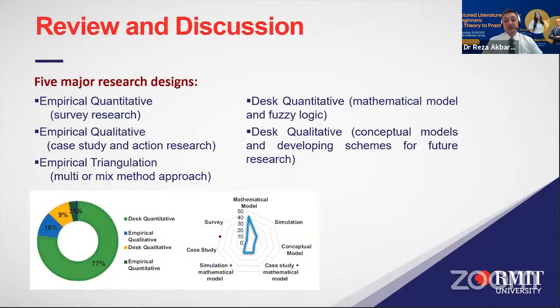You can look into the research design: what methods they already use, what methods are very famous, what methods are not very famous, and why. Then you can raise a question: why is this one missing? Why, for example, is 77% quantitative? So what is this quantitative? Mathematical models like fuzzy logic or whatever.